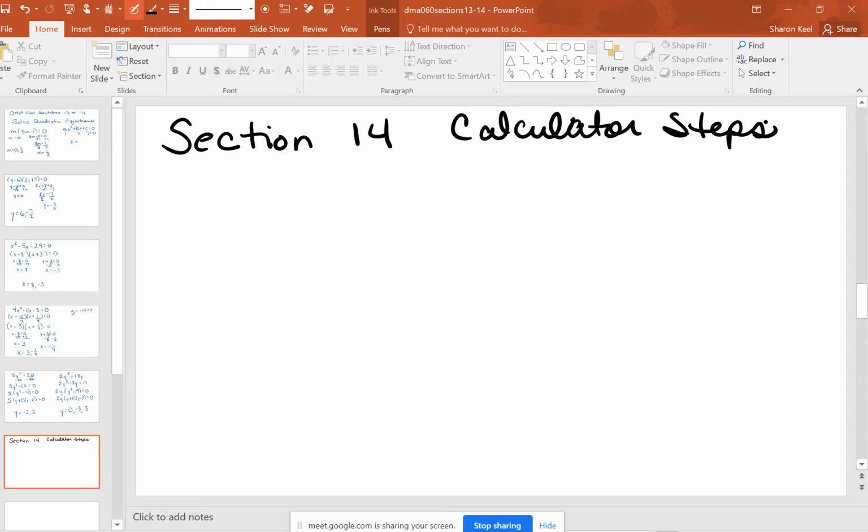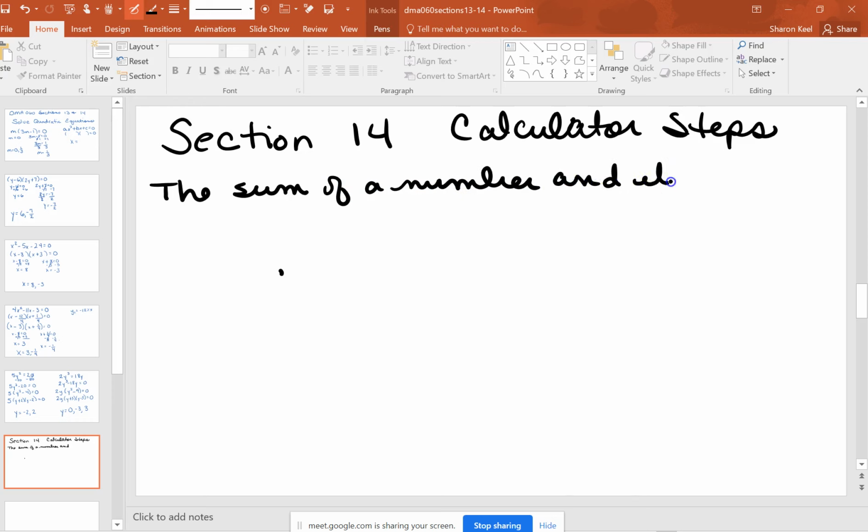Okay, so let me give us a word problem. Here is our word problem. It says the sum of a number and its square is 132.